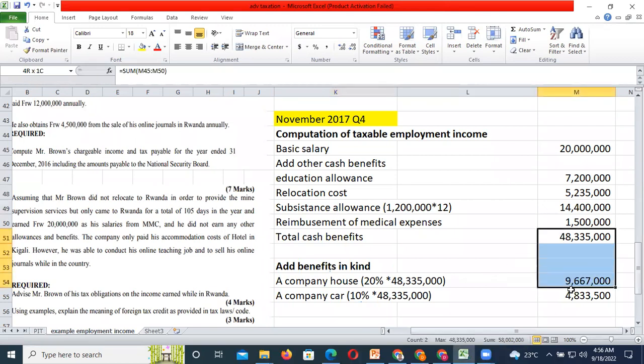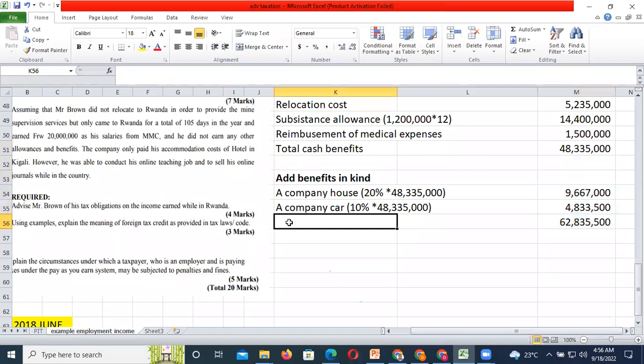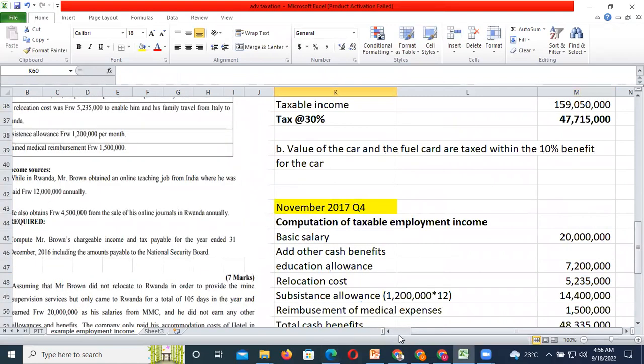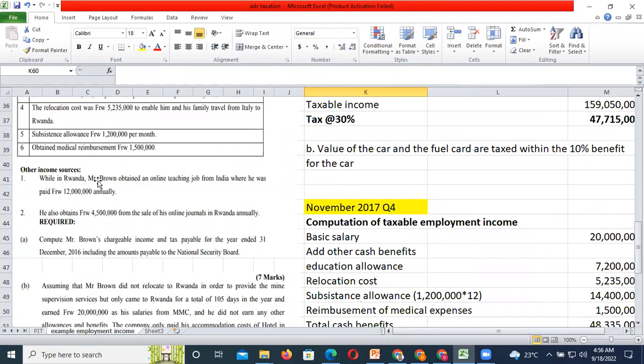So our taxable income, taxable employment income, this is the taxable employment income. Now, if you look at our question, we have been told that he also obtained 4.5 from the sale of his online journal in Rwanda annually. This is the business he's getting. And because the taxation of this and employment income is the same, this income can be added to employment income and calculate one tax.